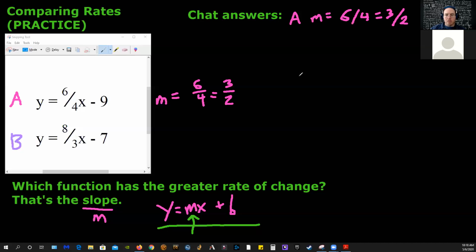What about B? What is the slope for B? Eight thirds. So now you've got to dip back into sixth grade math skills. How do we tell which fraction is larger? You need common denominators.